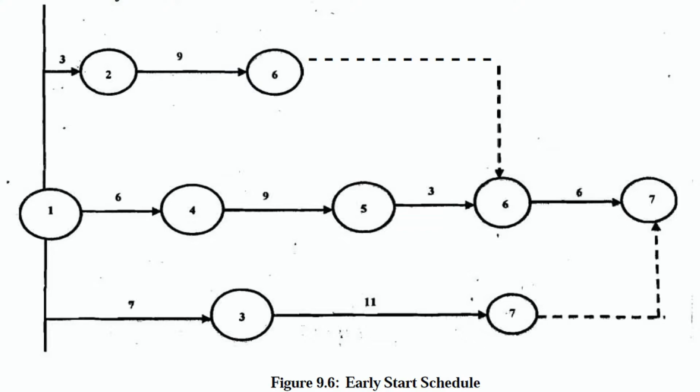From 1 to 2 is the first activity you are performing, then 2 to 6 is the next activity. 6 is shown in parallel as a dummy activity. So once 6 gets completed, then 7 will be done. And what you can see is a critical path.